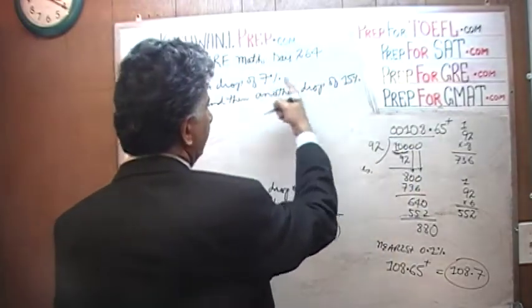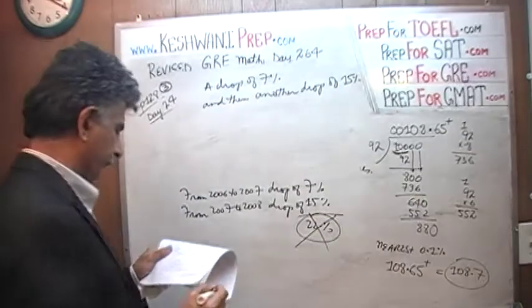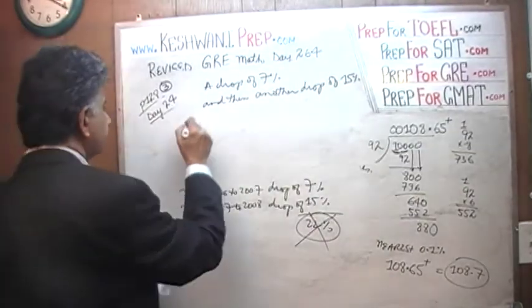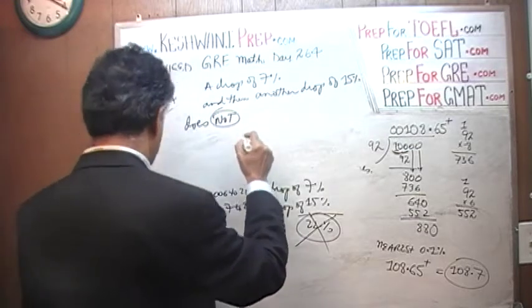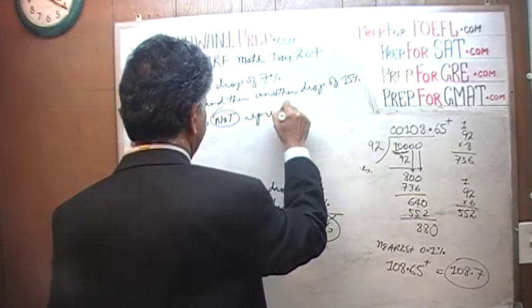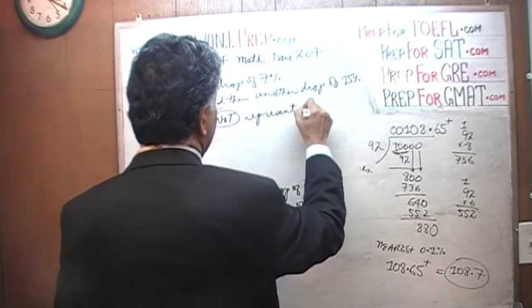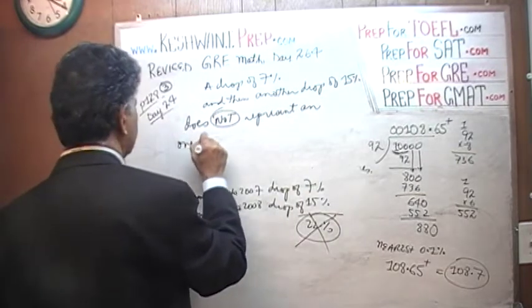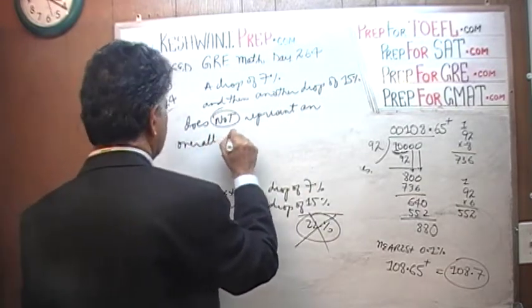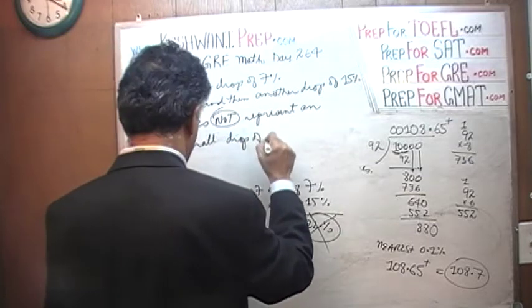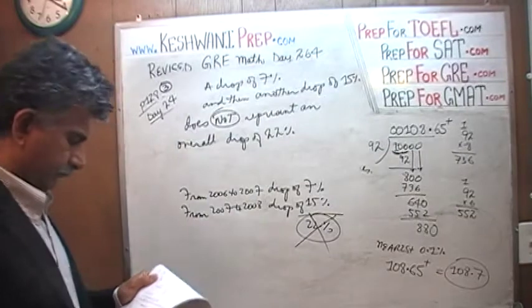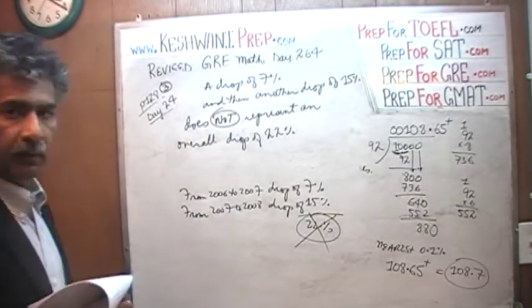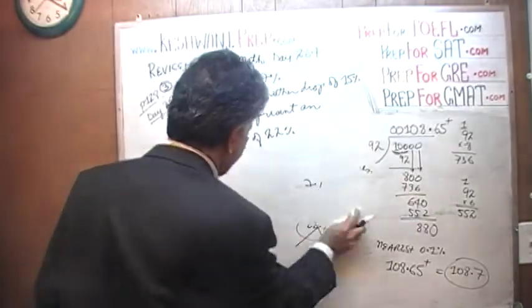It would have to be 15 because they add up to 22 here. Does not represent an overall drop of 22%. It does not represent an overall drop of 22%.